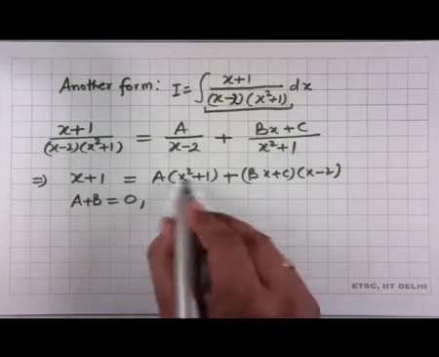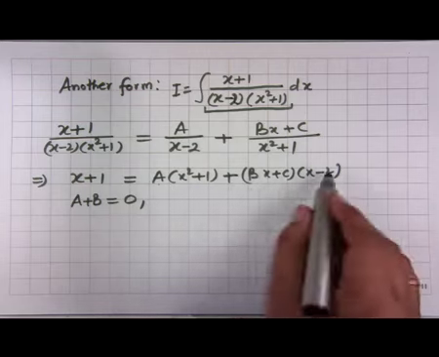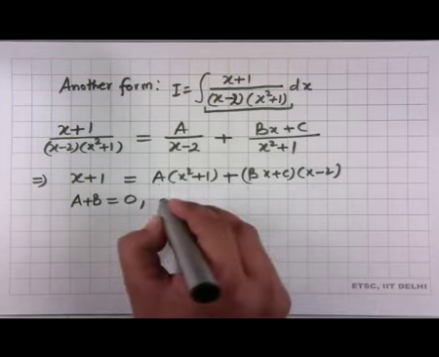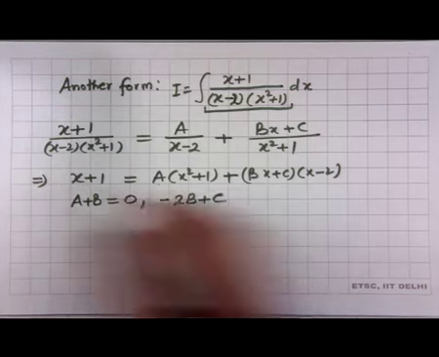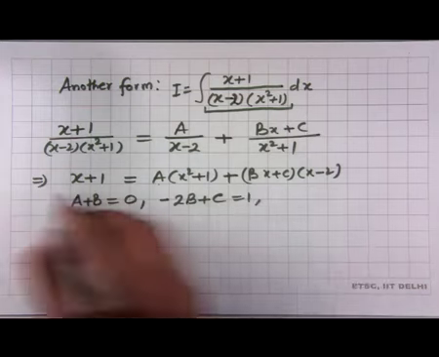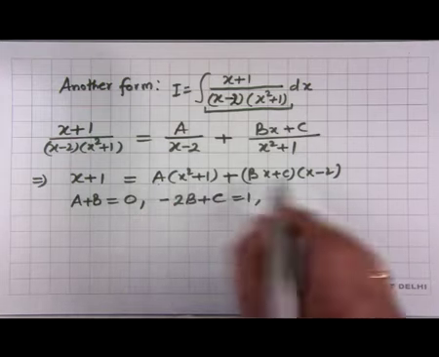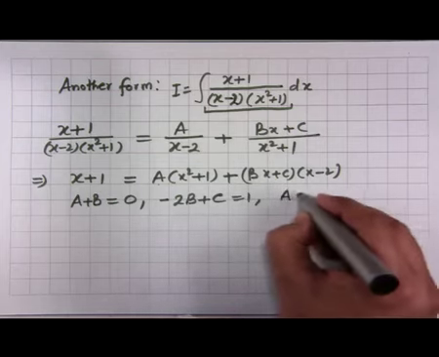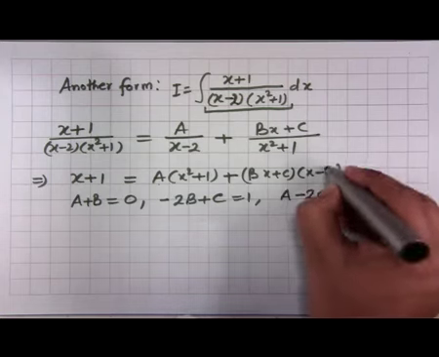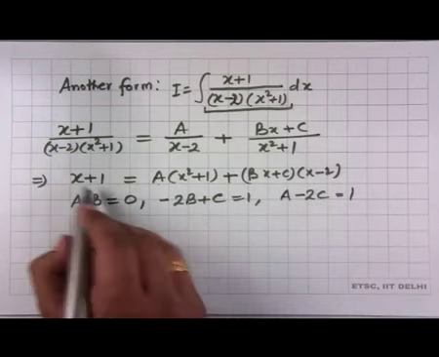Once you compare the coefficient of x, what you will get is minus 2b plus c, and the coefficient of x on the left hand side is 1. Then if you compare the constant coefficients, it gives you a minus 2c on the right hand side equals 1 on the left hand side.